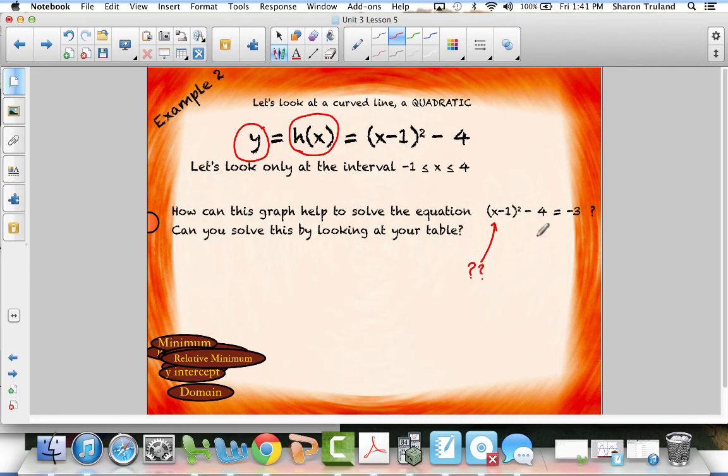But we do know once we subtract 1 from it, square it, then minus 4 from it, once we do all this to the x, we get a y value back. In this case, it's the y value of -3.